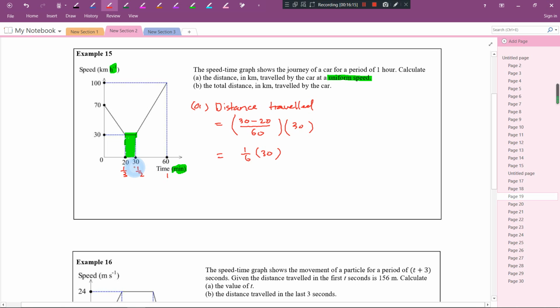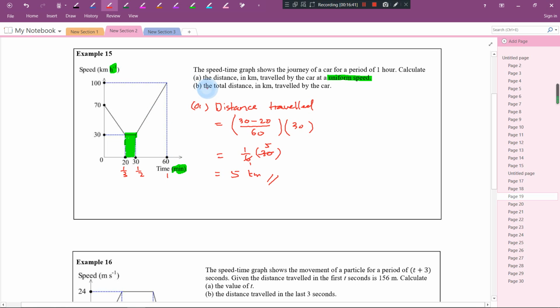So let's say if you take 1 over 2, you minus 1 over 3, you will still get the same thing, 1 over 6. So this is 5 kilometer. So be careful of the units. If this is hours, this is minute, make sure you change the minute become hours.